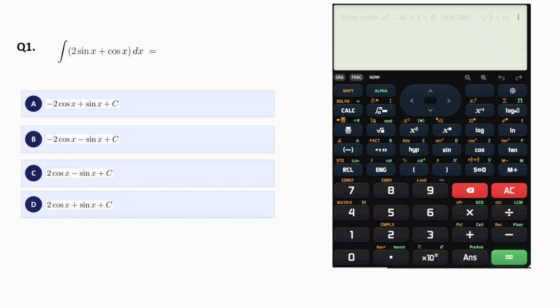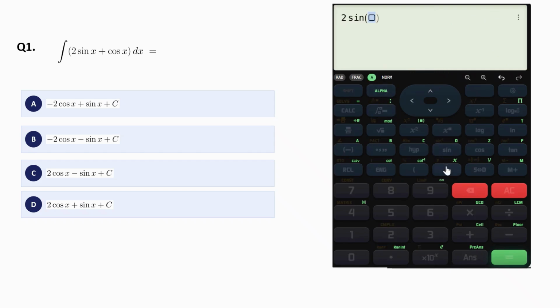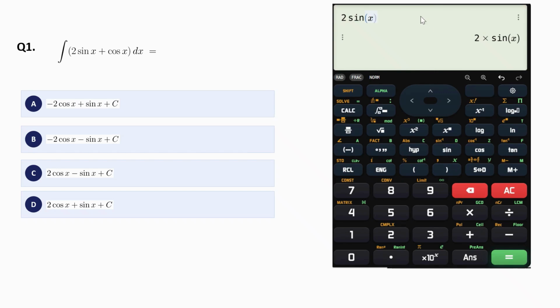Here we go. First of all, we are supposed to enter the question as it is. Make sure your calculator is in radian mode. So first let me check the radian mode, and then let's go ahead with sin x plus cos x.